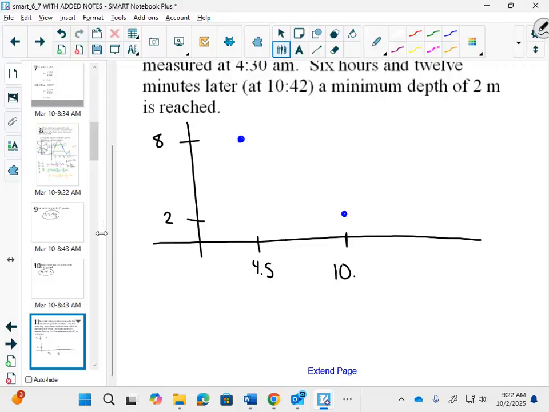How do I know 30 minutes is 0.5? 30 is half of 60, right? In fact, you could write 30 over 60, well, that's the same as a half, that's 0.5. Could we use the same idea with 42? Absolutely. 42 over 60. 42 divided by 60.